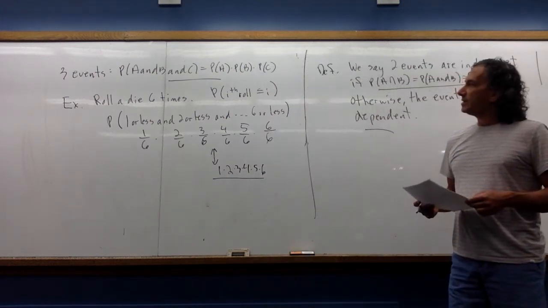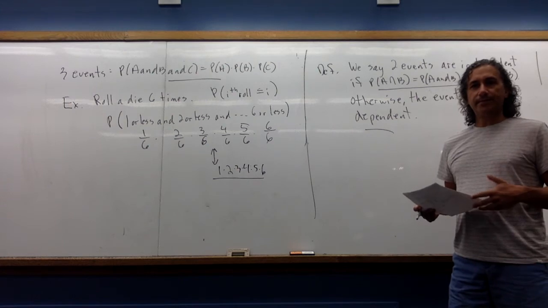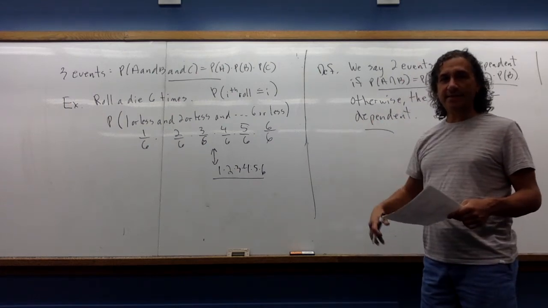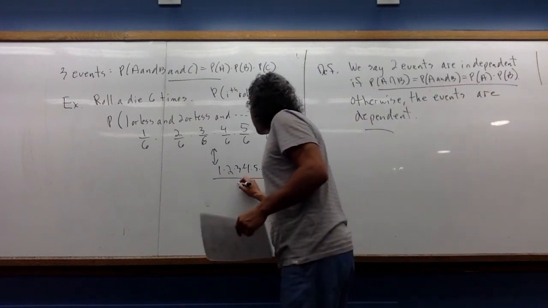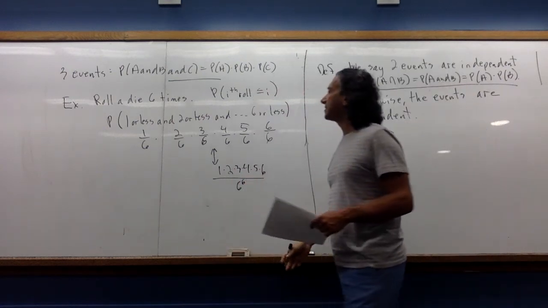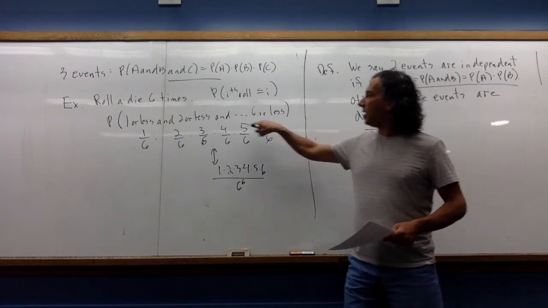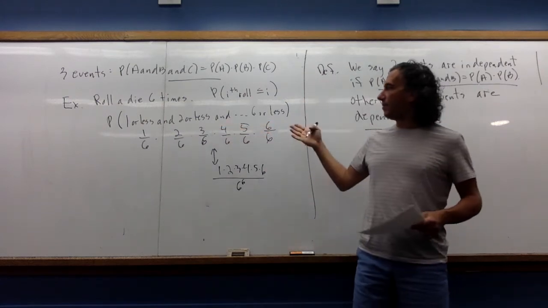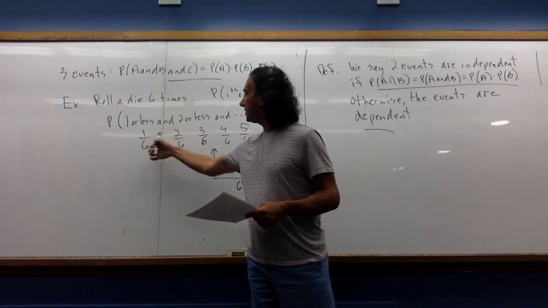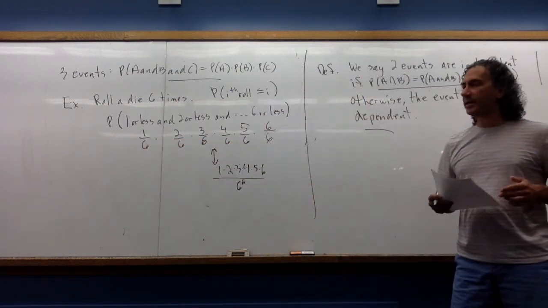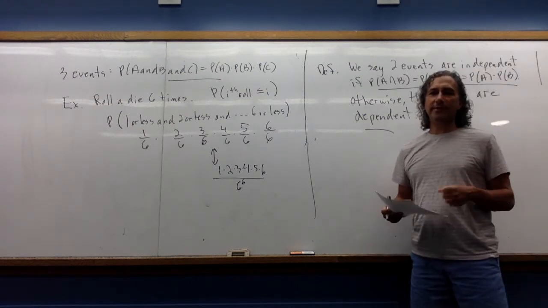The denominator is the total number of ways I can do this. Well, I have 6 possible outcomes on the first, 6 on the second, 6 on the third, etc. So 6 to the 6th on bottom. And again, we're getting the same answer. Here I'm finding the answer by probabilistic argument term by term, and here with a counting argument. A lot of times, I've mentioned this, there's more than one way to solve these problems.